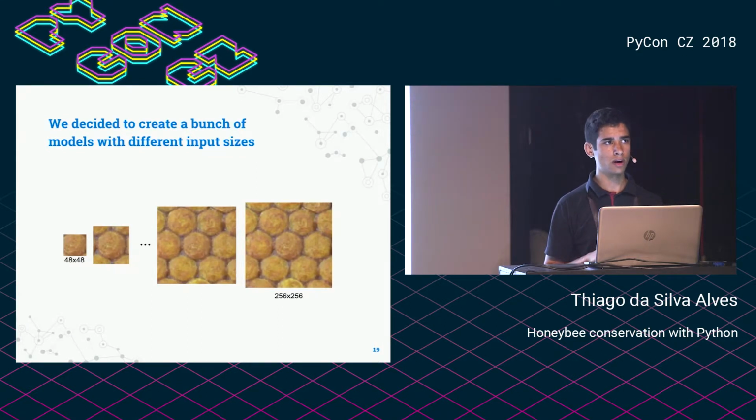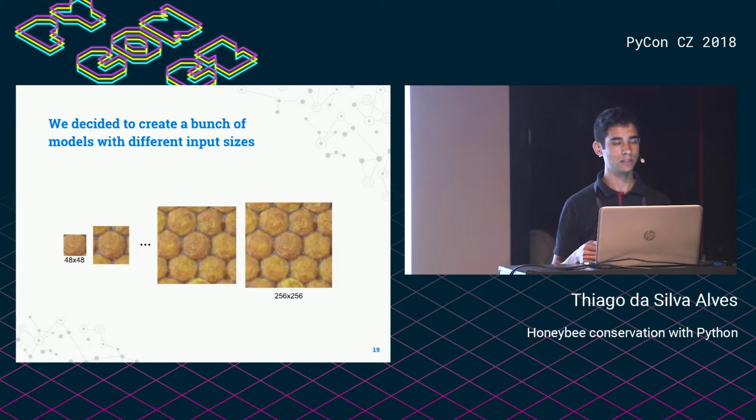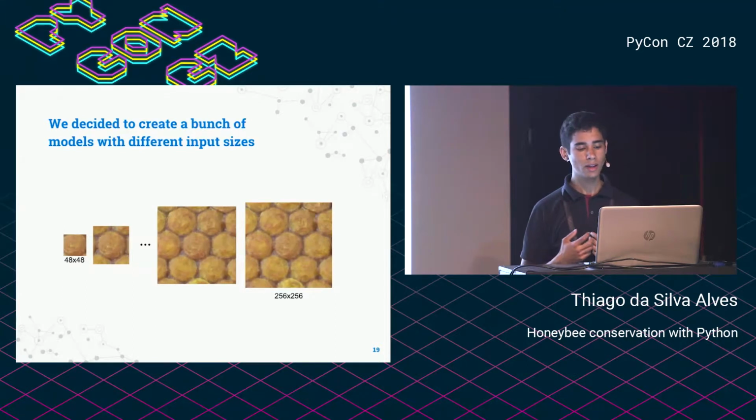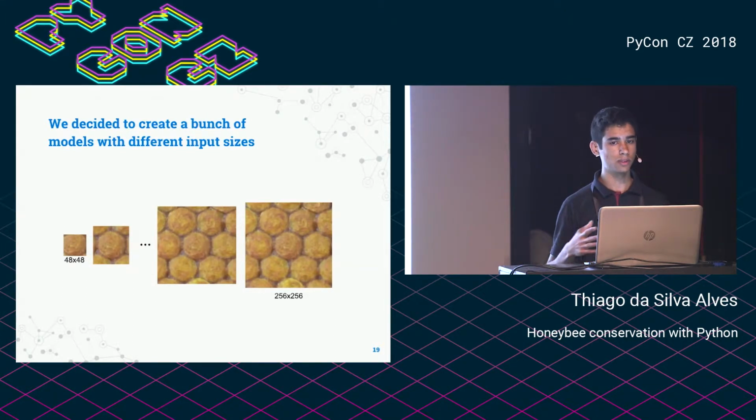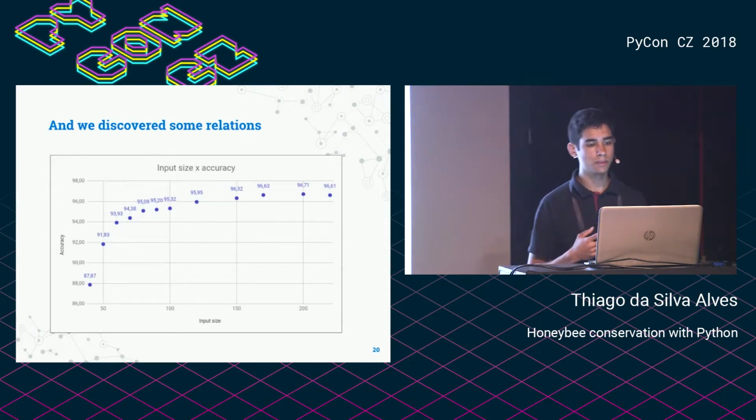We created around 40 different models to try a lot of different sizes, and for it we used the API provided by NVIDIA DIGITS, and we created a script to run all of it, get the models after the training finished, and pass them to the test set to see which model was the best. As a result, we discovered some relations.